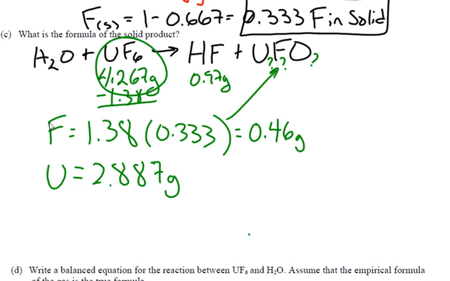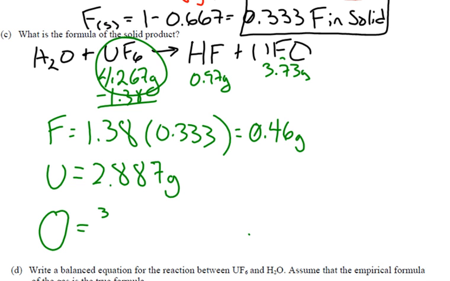All right. And the last thing is what about the oxygen? How do we figure out the mass of the oxygen? Well, if we know the mass of the fluorine and we know the mass of the uranium, and that's all that could be in that solid, the original sample's mass, the product's mass was 3.73 grams.